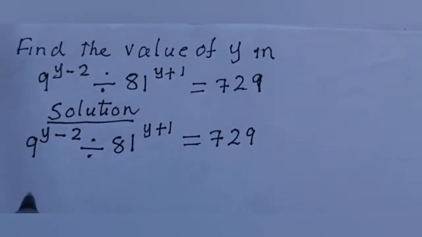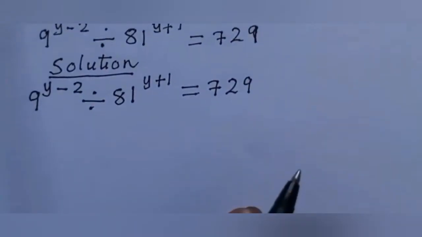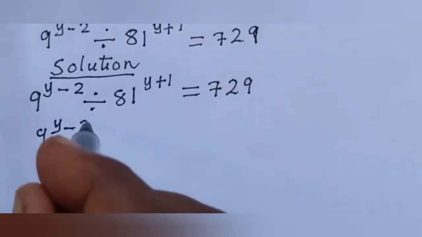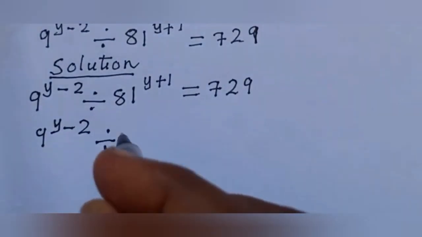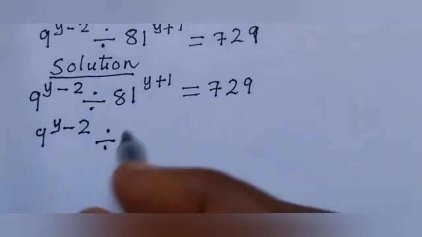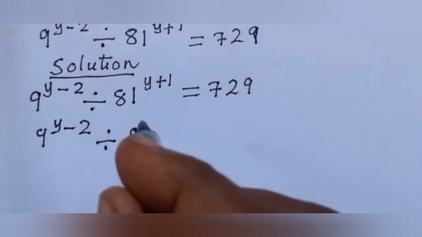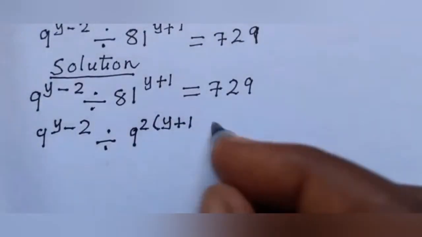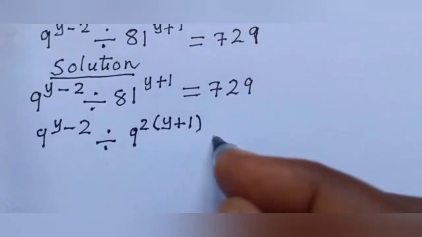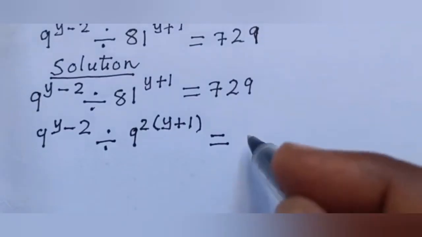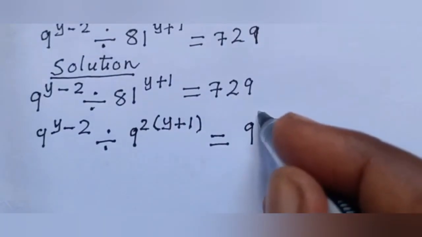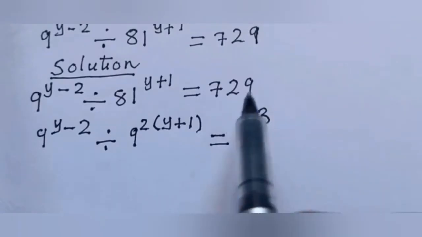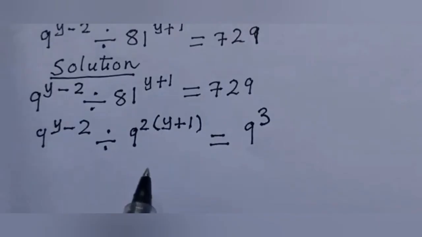So we can proceed as follows. 9 raised to power y minus 2, divided by, instead of writing 81, we write 9 raised to power 2 in the bracket, y plus 1, equals 9 raised to power 3, because 9 times 9 times 9 is 729.